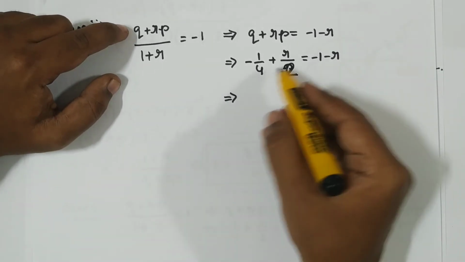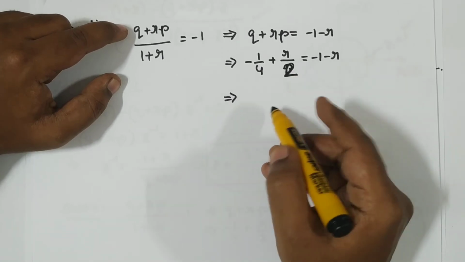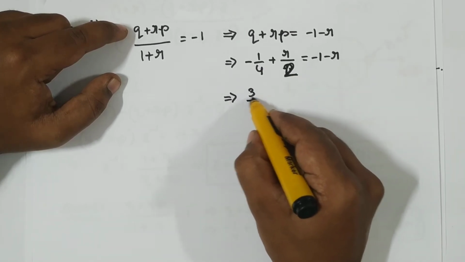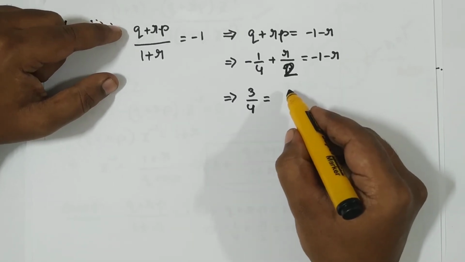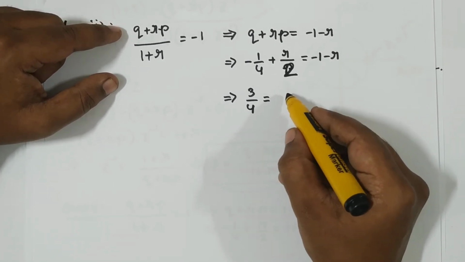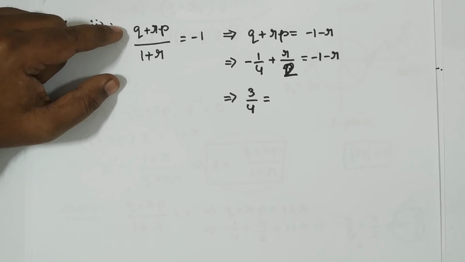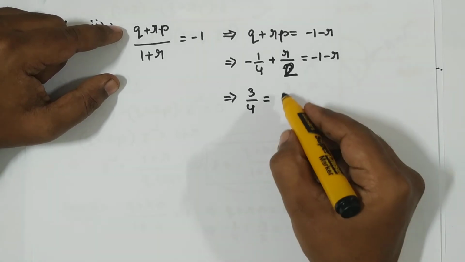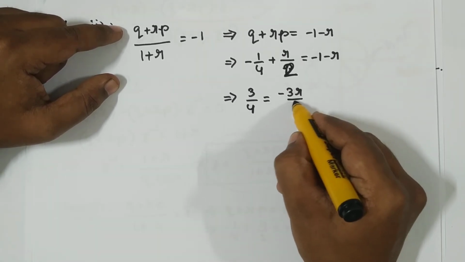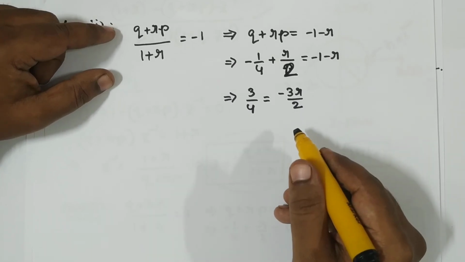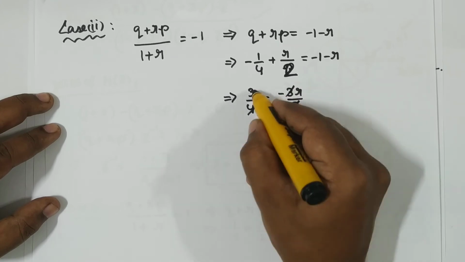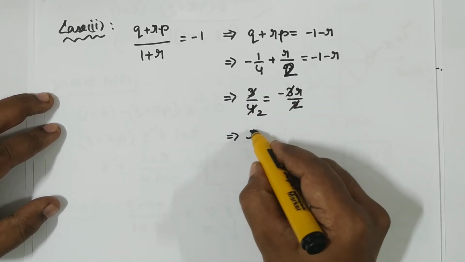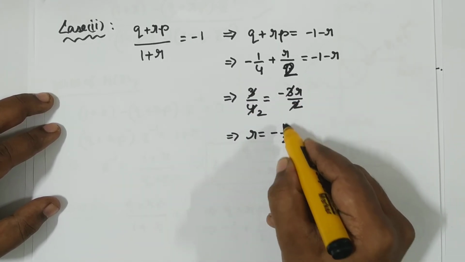Just simplify this: minus 1 by 4 plus 1, so you get now 3 by 4, and this is minus r by 2. So you will get minus 3r by 2. Alright, you can further simplify this. So finally r is equal to negative half.